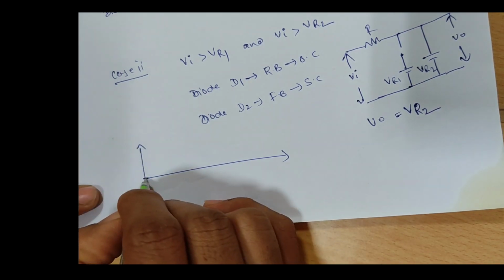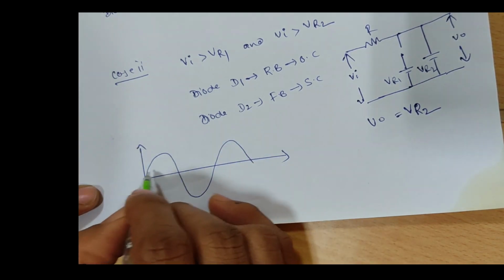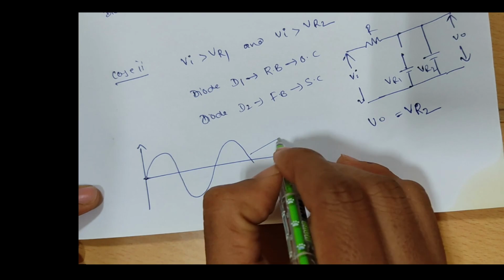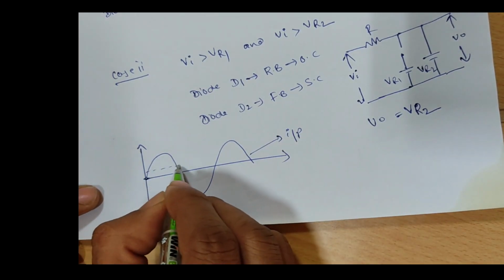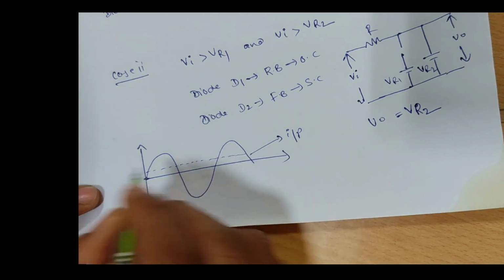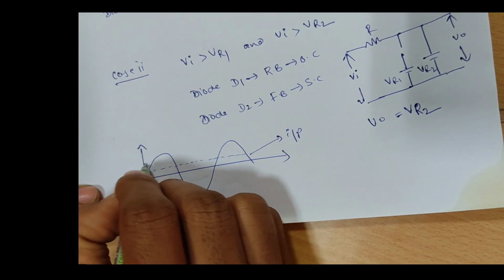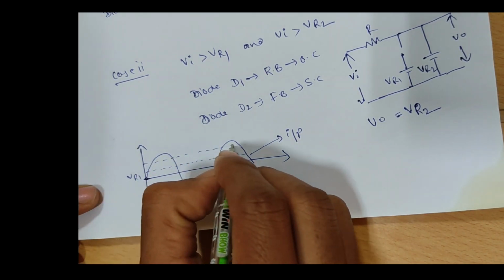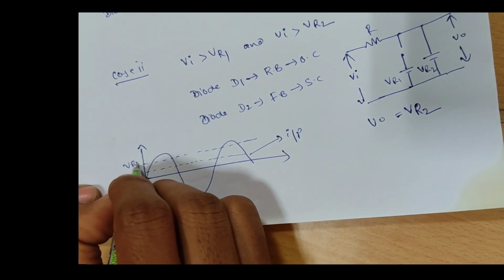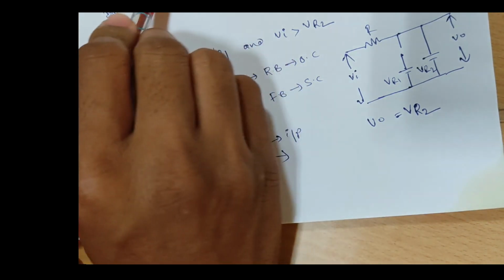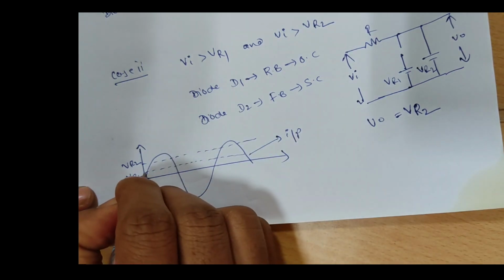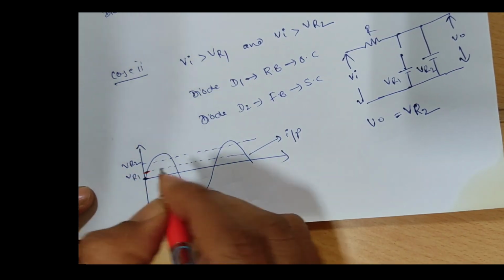Here is our input signal. I am indicating VR1; VR1 is smaller compared to VR2. This is VR1 and this point is VR2. In the first condition, Vi is less than VR1, and in this case V0 equals VR1 only.